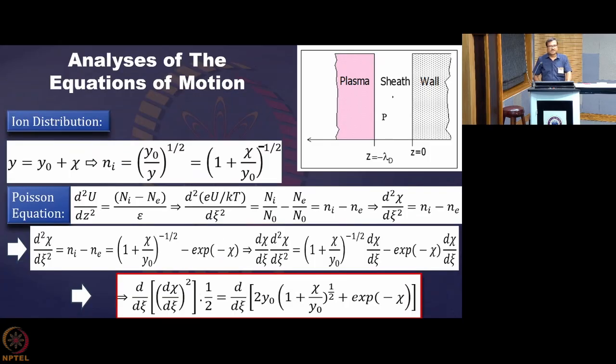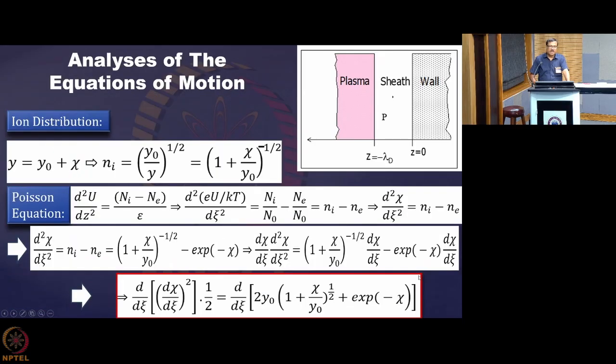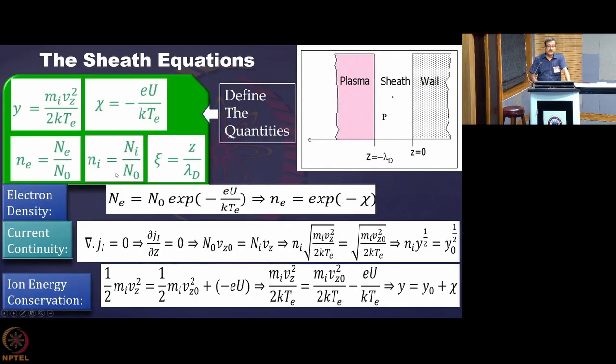So, here we come. y equal to y0 plus chi. This is just the last equation that you started with. Okay, this is one. Now, Ni is what? As per the definition, Ni equal to ni by n0. And here what we got?